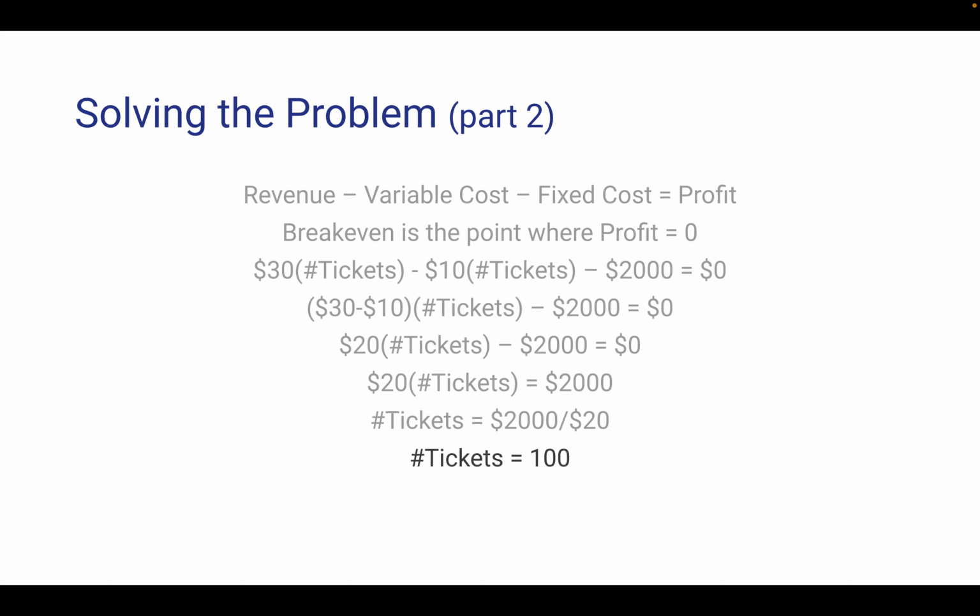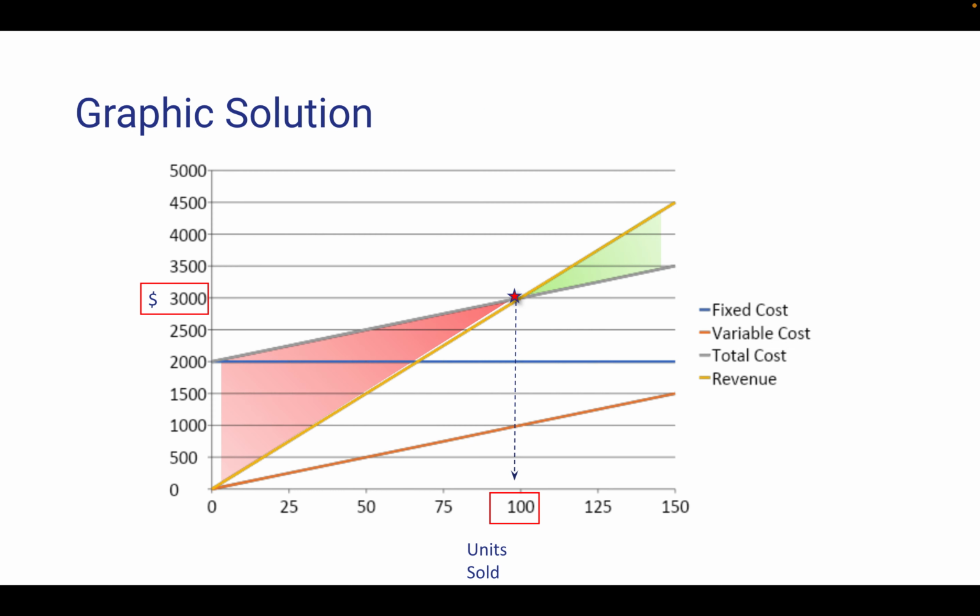We divide 2,000 by 20, and we get again 100 tickets. So we need to sell at least 100 tickets to cover our fixed costs. Pretty straightforward, because we know we have $20 left from the ticket revenue to cover the 2,000 fixed costs. If we look at this again in the break-even analysis, it's very much the same example.